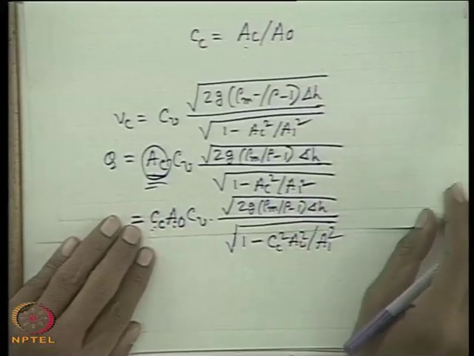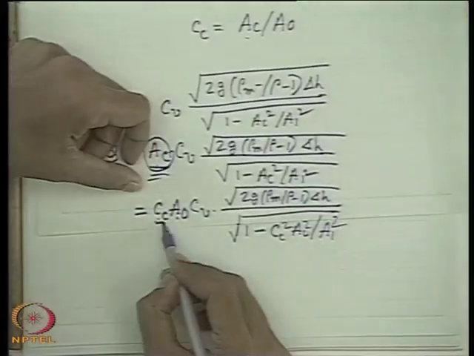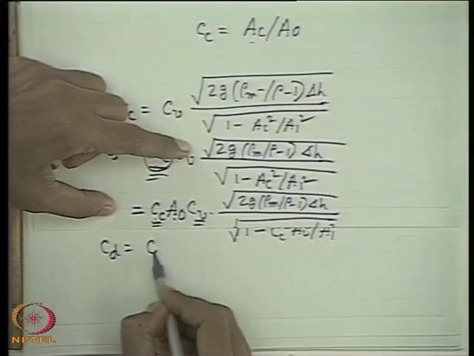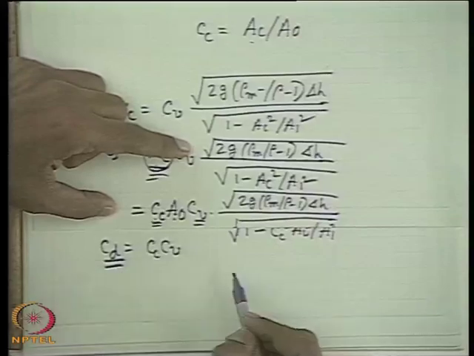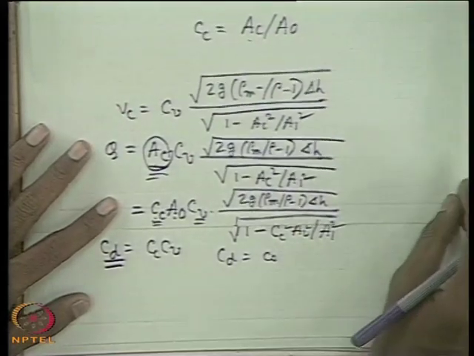So this is the simple equation. Then Cc into Cv we replace as Cd. So we define Cd as Cc into Cv. Cd is the coefficient of discharge.